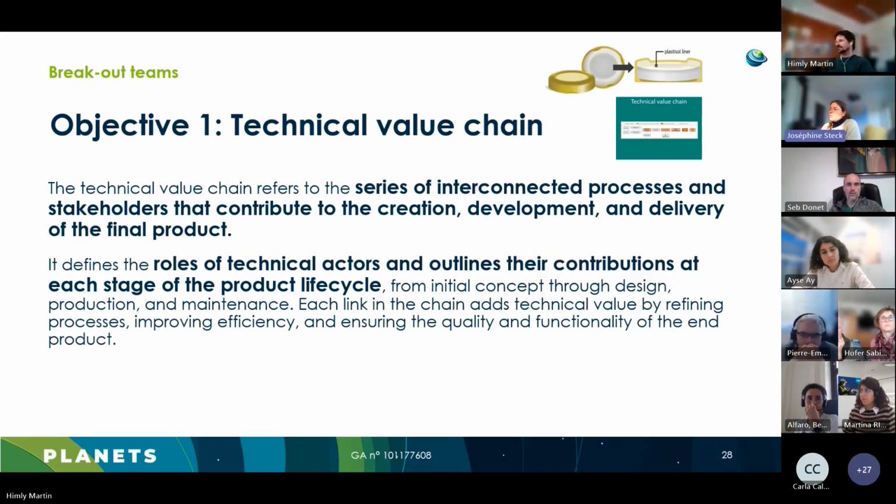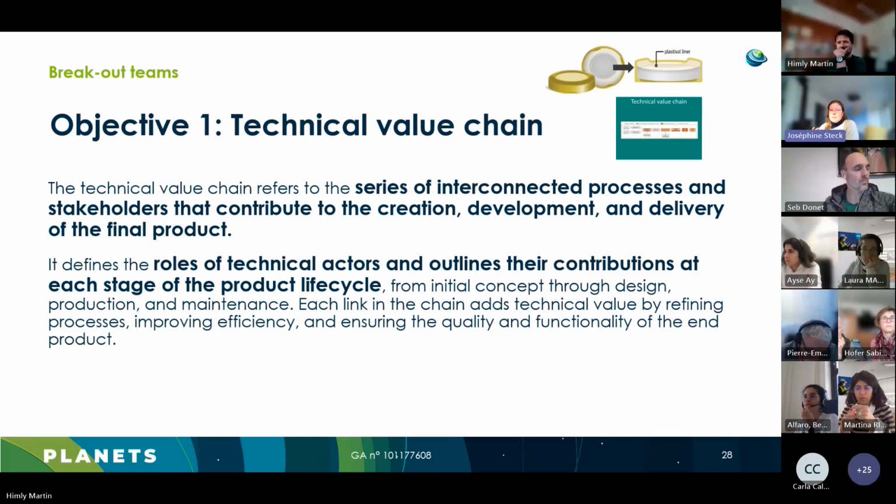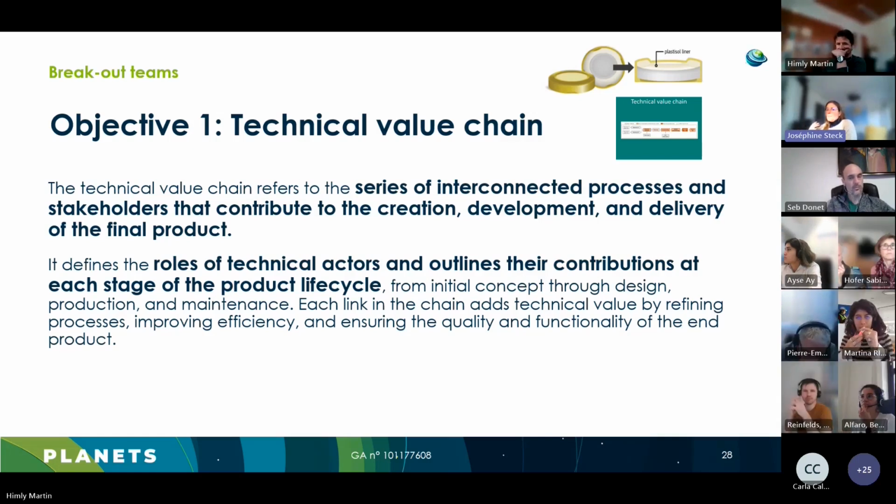So, as already mentioned, when I slightly presented the workflow in the scoping phase, we identify the who with the technical value chain. The idea of creating the technical value chain is to map out the steps and the flow of information in order to help the organization to optimize operations and to ensure a smooth coordination across different teams and activities.